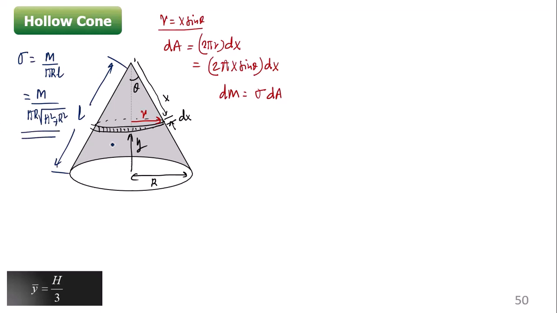Once I have sigma, put it over here, so finally I can simplify dm. dm is m divided by pi R into under root of h square plus R square, that is sigma, into dA, which is 2 pi into x sine theta into dx.